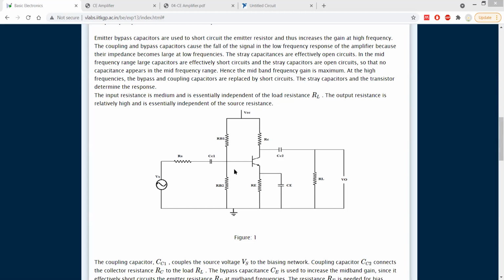Mobile communication uses megahertz signals, and there are gigahertz and terahertz signals for different communication purposes. If we want an amplifier for all these regions or applications, it is not possible.